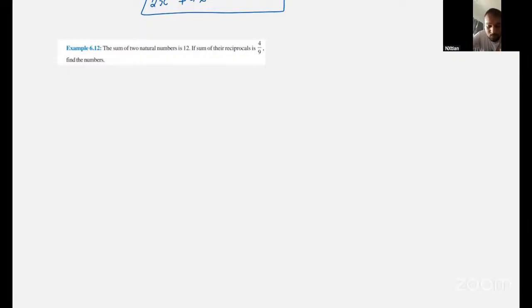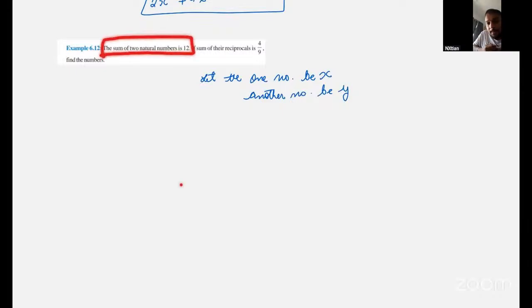Now, in this case, we have two natural numbers given, so we'll take it like this: let one number be x and the other number be y. Now, how will you make this equation, Abraham?